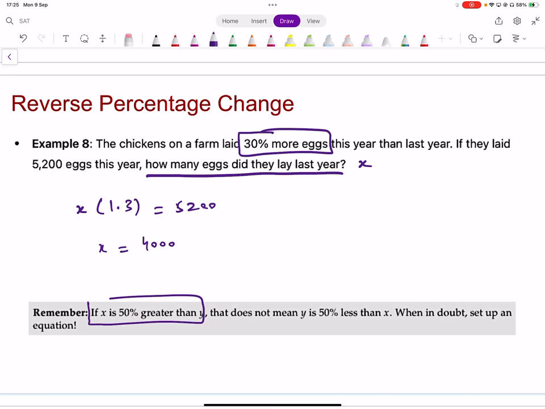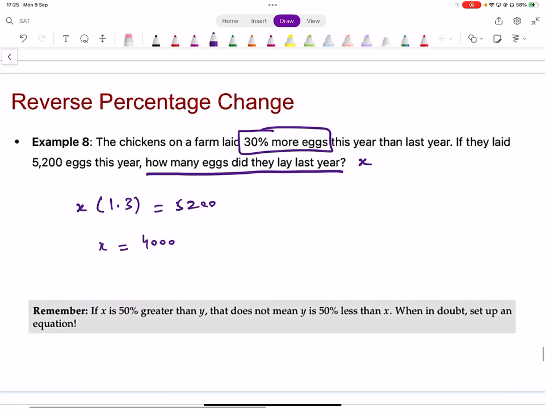If X is, let's say, 50% greater than Y, that's not the same thing as saying Y is 50% less than X. Why is that? X is 50% greater than Y. What does that mean?